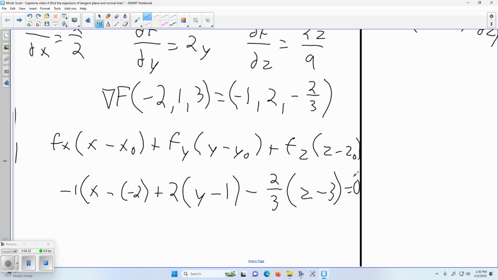Having that, we'll simplify. What I chose to do was multiply this whole equation by 3 since we have a fraction.